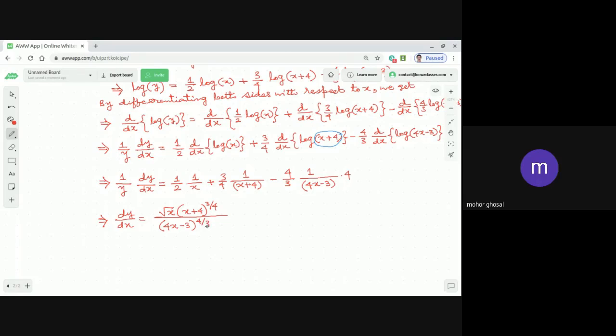Correct? And then we can write 1 by 2x plus 3 by 4 into x plus 4 minus 16 by 3 into 4x minus 3. That is the value of dy/dx. Correct or not?